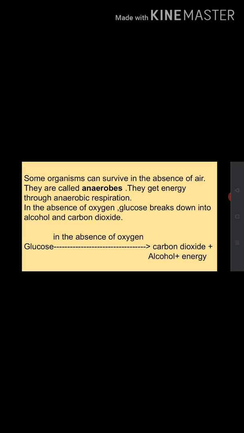Just now you learned what anaerobic respiration is. Anaerobic respiration means the food is broken down without using oxygen. Some organisms can live without oxygen. They get energy through anaerobic respiration.